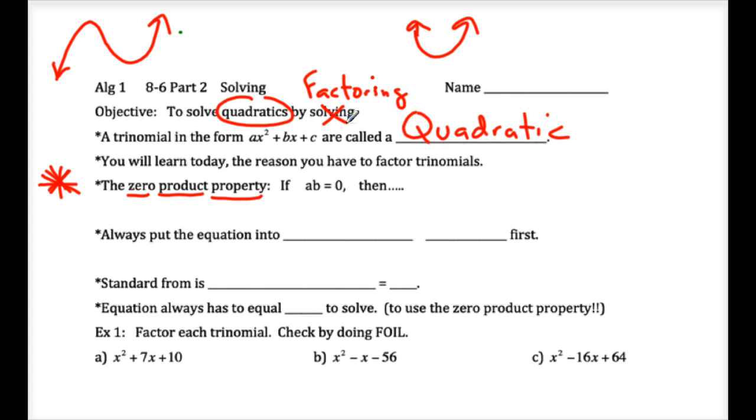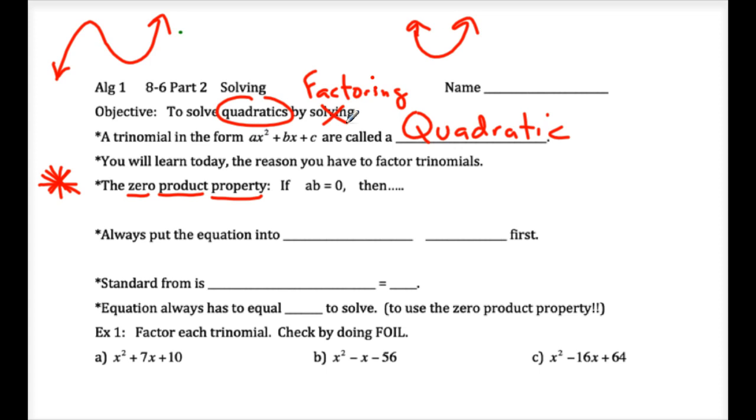If A times B equals 0, we use the zero product property, because it equals 0. Product, we're multiplying A and B together. Property, it's something you need to know. What's true about A and or B?